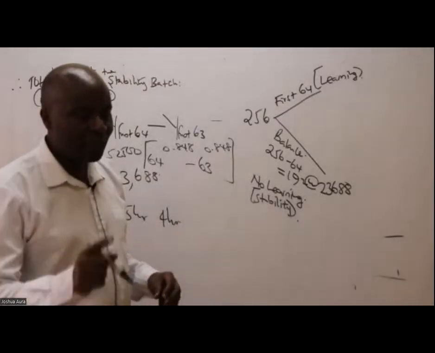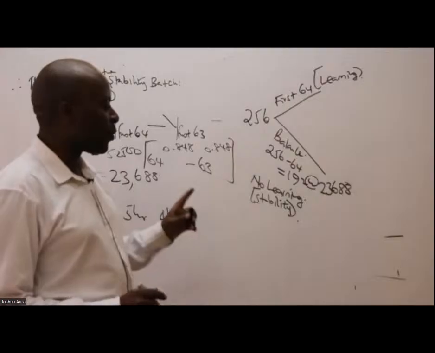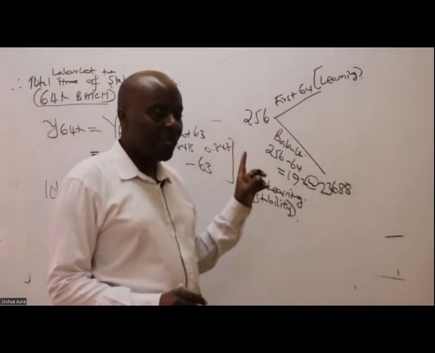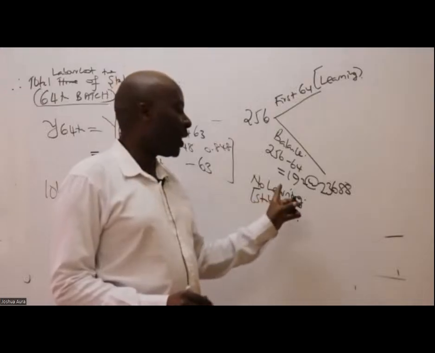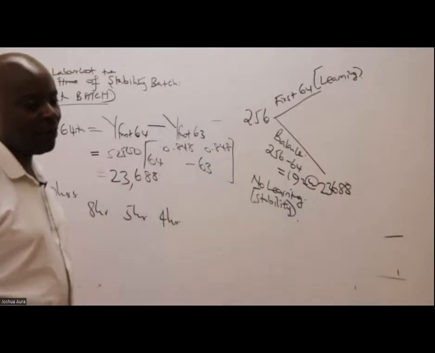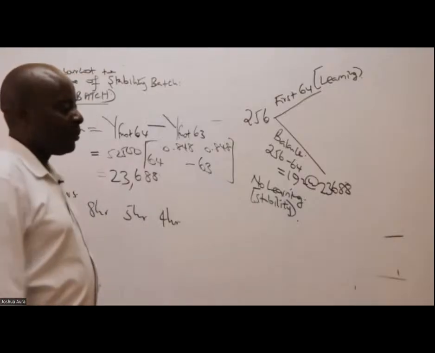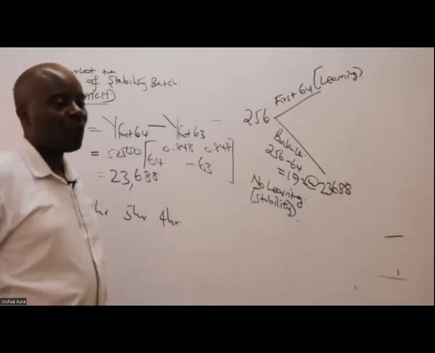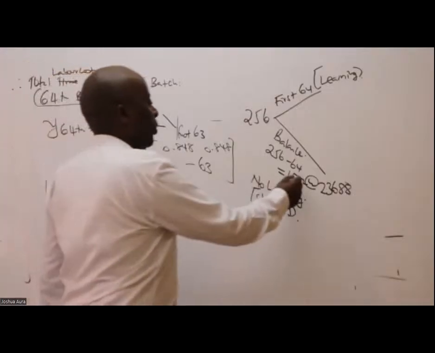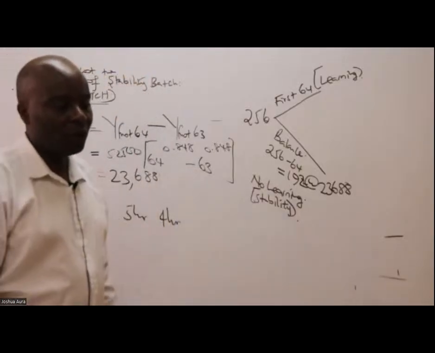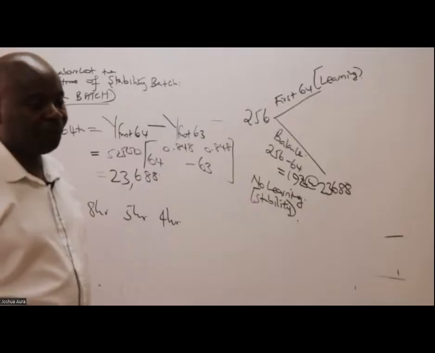After we have stabilized, each of these will take 23,688. Could you kindly give me an answer here? 192 times 23,688 gives me what figure, somebody?